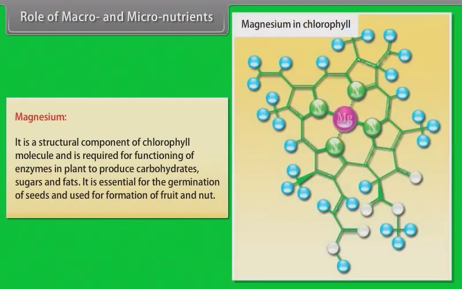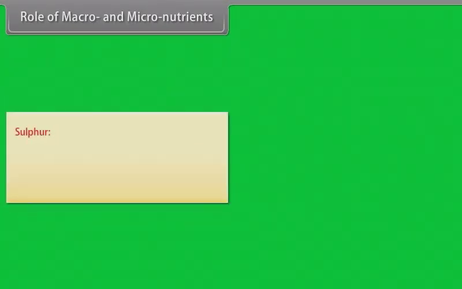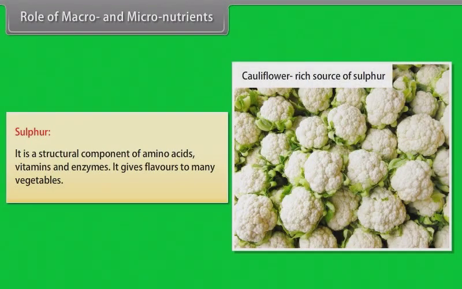It is a structural component of the chlorophyll molecule and is required for functioning of enzymes in plants to produce carbohydrates, sugars and fats. It is essential for the germination of seeds and used for formation of fruits and nuts. Sulfur. It is a structural component of amino acids, vitamins and enzymes. It gives flavor to many vegetables.